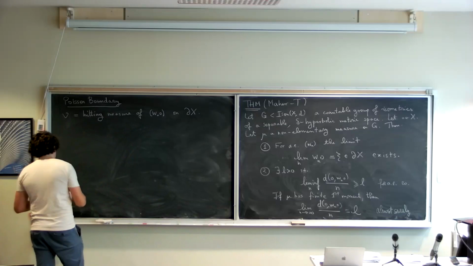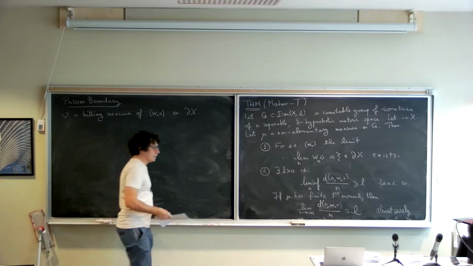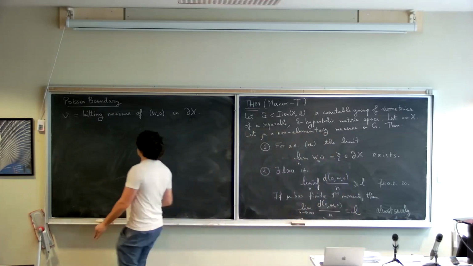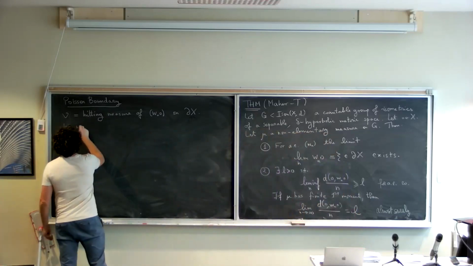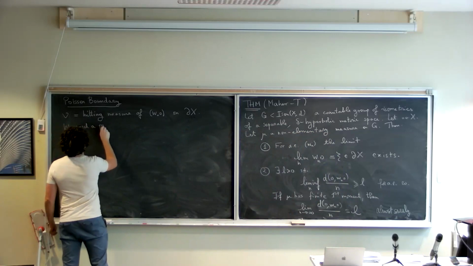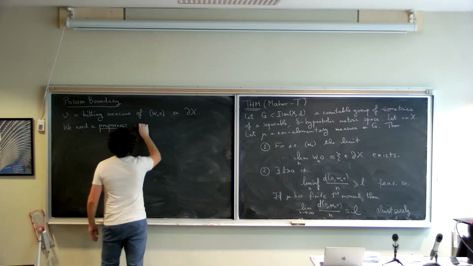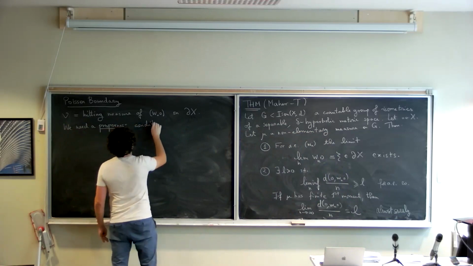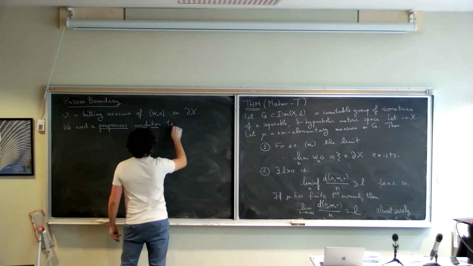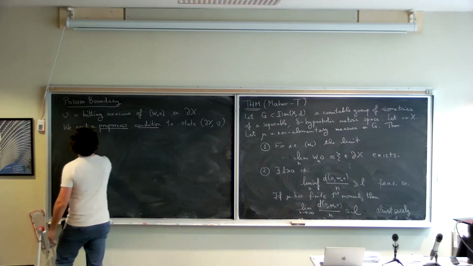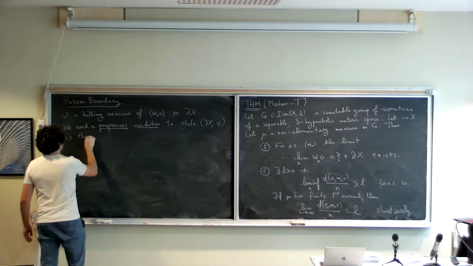Okay. And so to do that, we need some condition, a properness condition, to conclude that this one is the Poisson boundary.